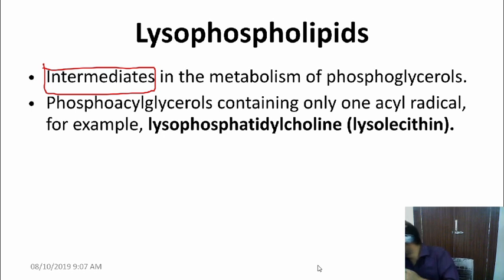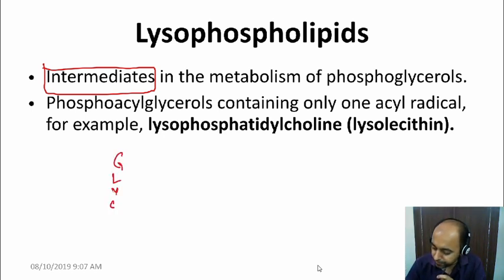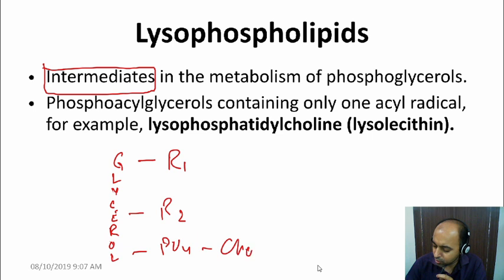What it means is something like this. See, we have the glycerol, where normally fatty acid 1, fatty acid 2, phosphate and choline are attached, right? Now these R1 and R2 are not fixed, they are continuously getting recycled. R1 will go out, and in place of R1 maybe R3 will come in.